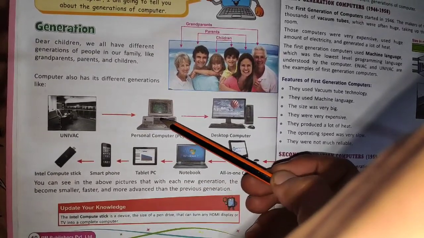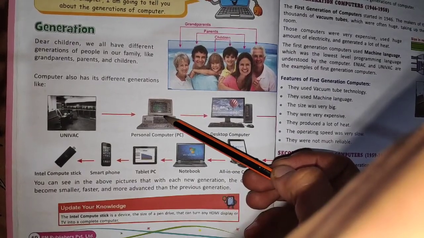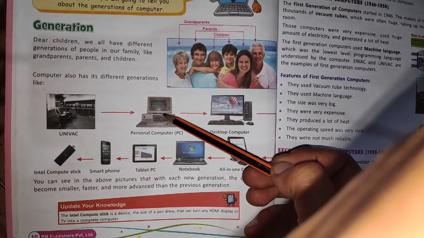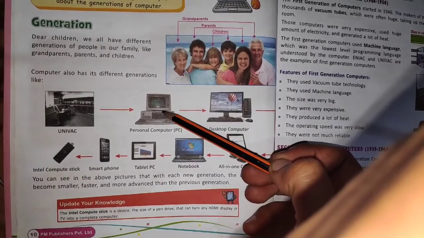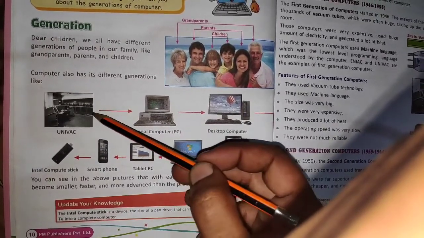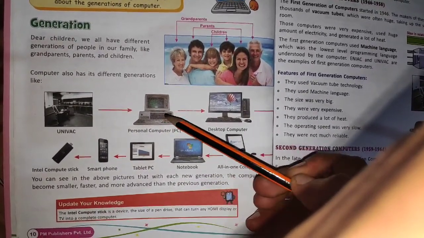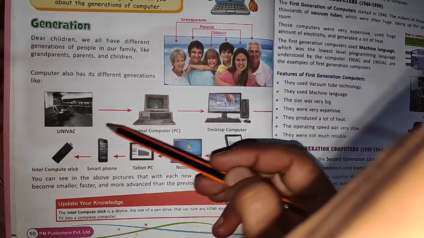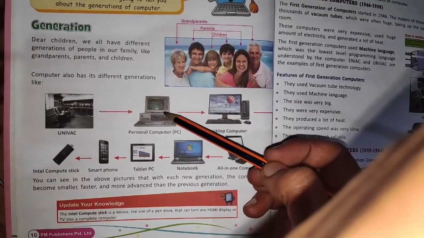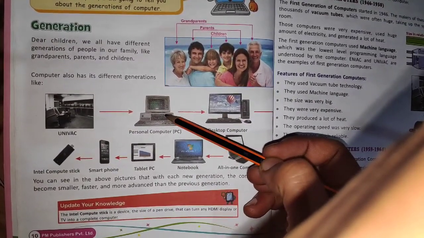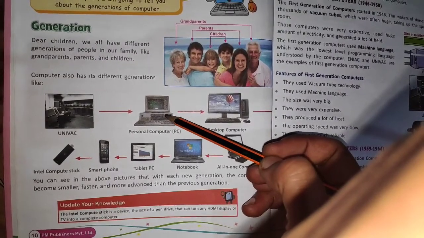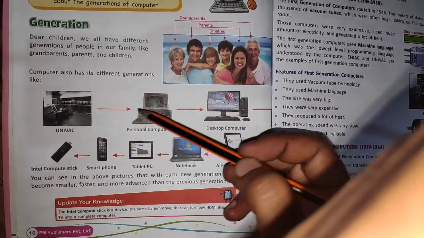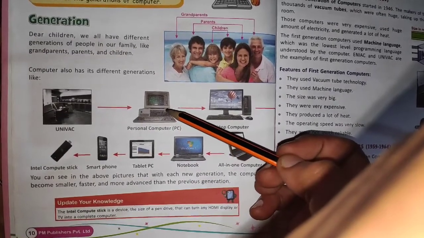Then after this generation we have the PC, that is called personal computer. Comparatively, the size of the PC is very small compared to UNIVAC, and even the processing and the memory of this computer are much better than UNIVAC.